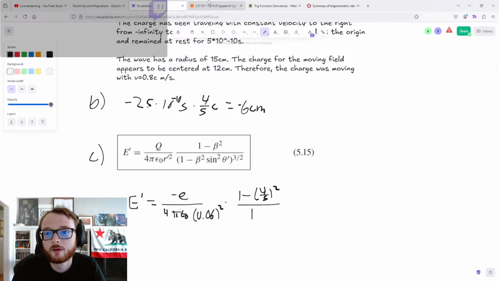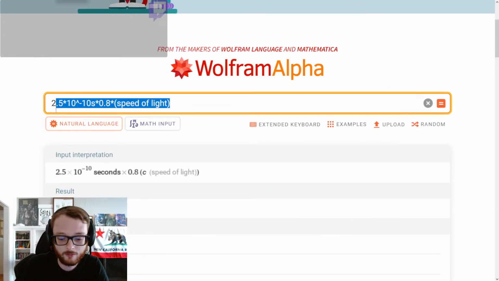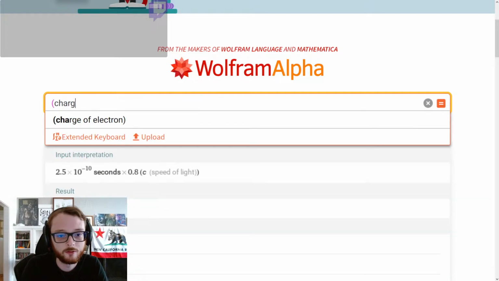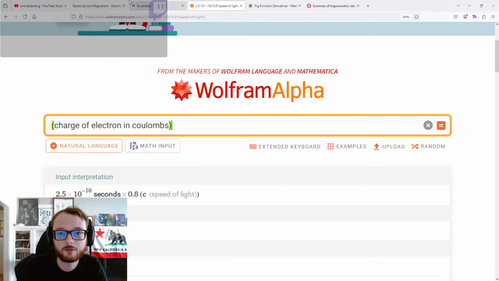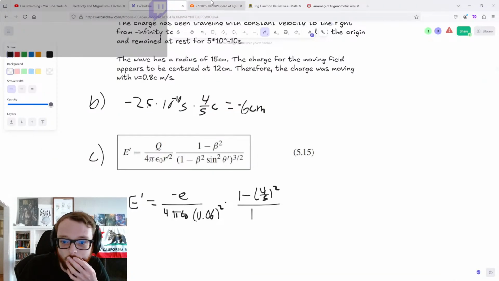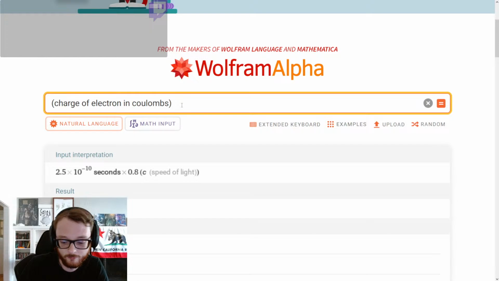Okay. So then the electron charge in coulombs, right? Yeah, we need coulombs. Divided by 4 times pi times the permittivity of free space times 0.06 meters squared.